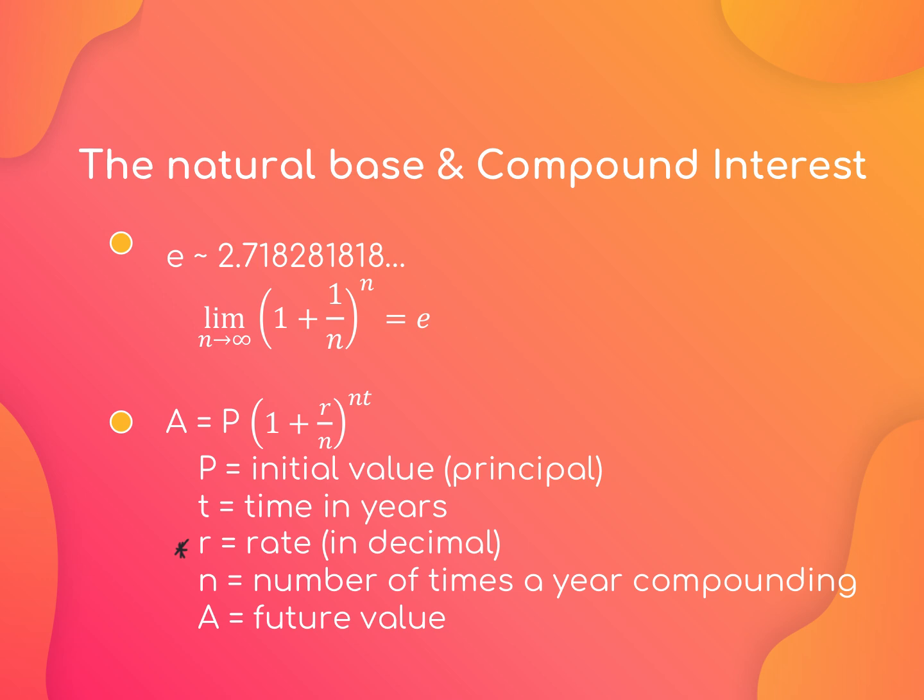But that doesn't mean in each of those 12 months it's going to be 20% more than what you borrowed. That would accumulate a lot of money. Instead, it's going to be the rate divided by 12. That's where this part of the formula comes from: the rate divided by 12.